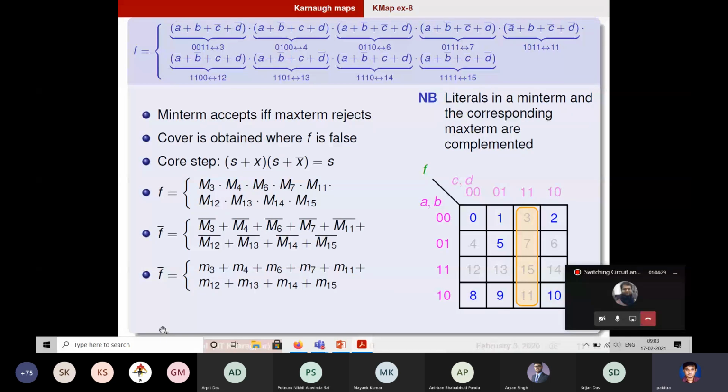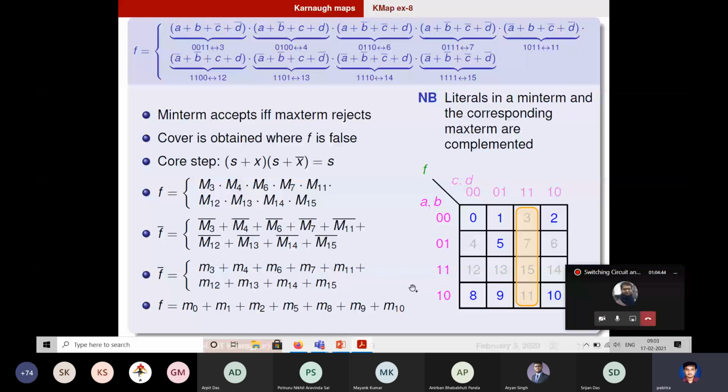So if f bar is this min term or this min term or this min term or this min term, if we complement the entire thing, you will get the remaining of the min terms which are not there in this.